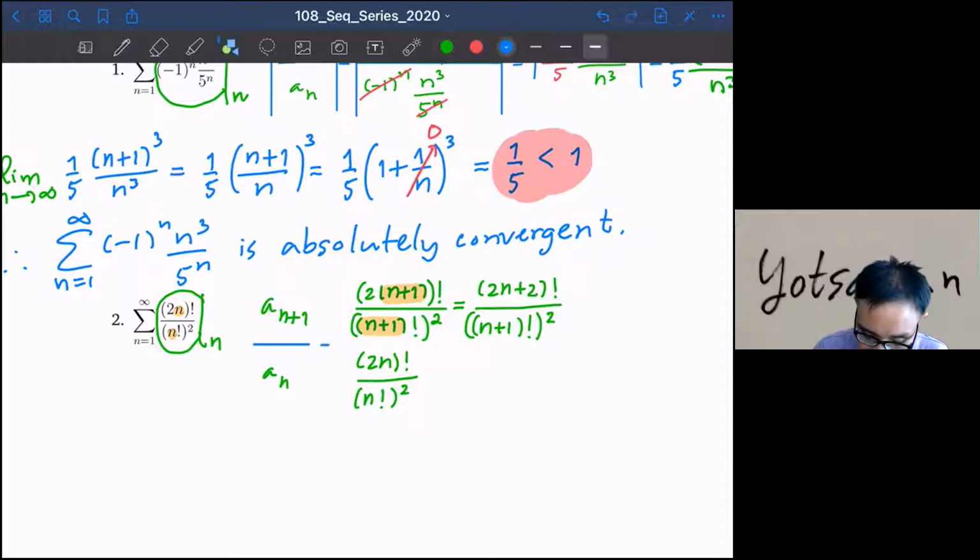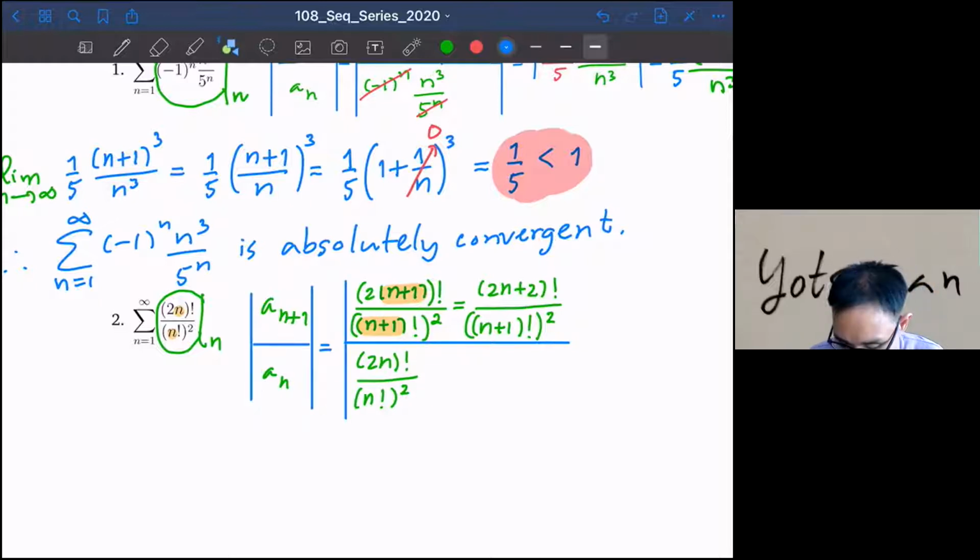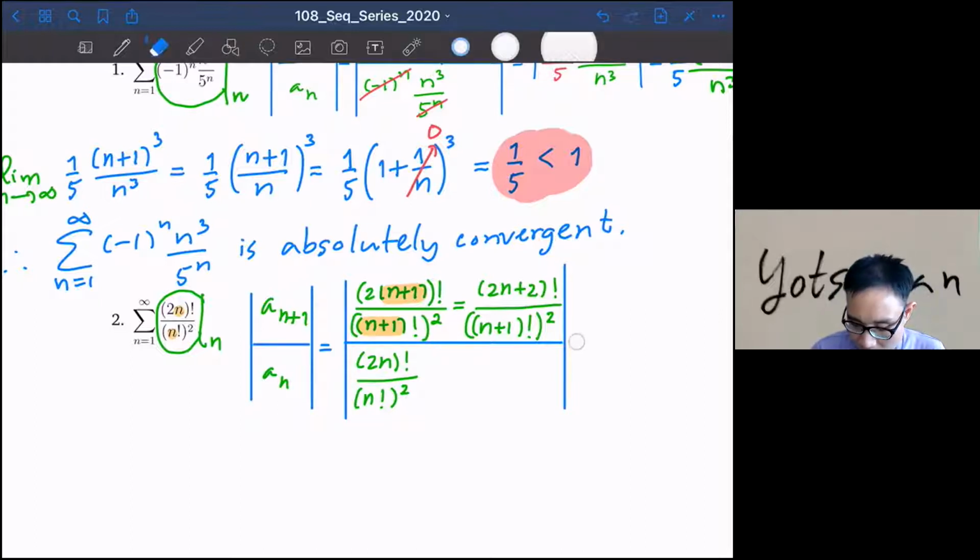So I have this one, and I will have this one, and I will have the longer one, and I would put absolute value. So it's going to be this calculation.